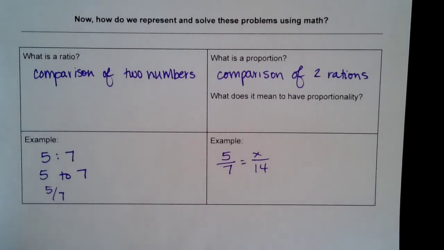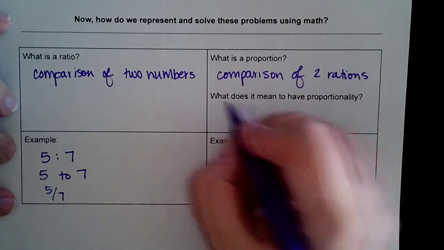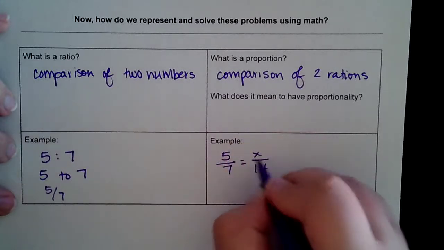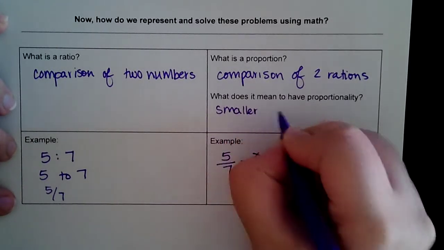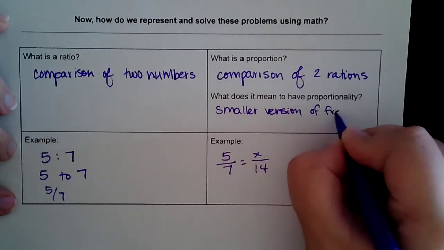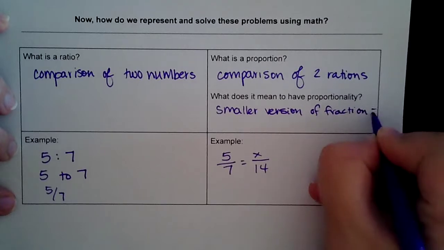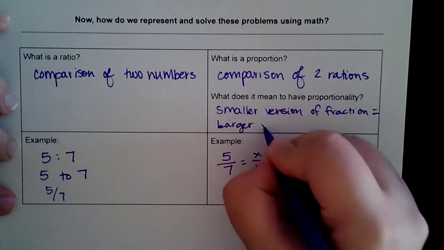So what does it mean to have proportionality? Well, essentially that means that they are going to be the same, but look different. So I think this one actually looks a little bit easier with this example. Smaller version of fraction is equal to larger version.